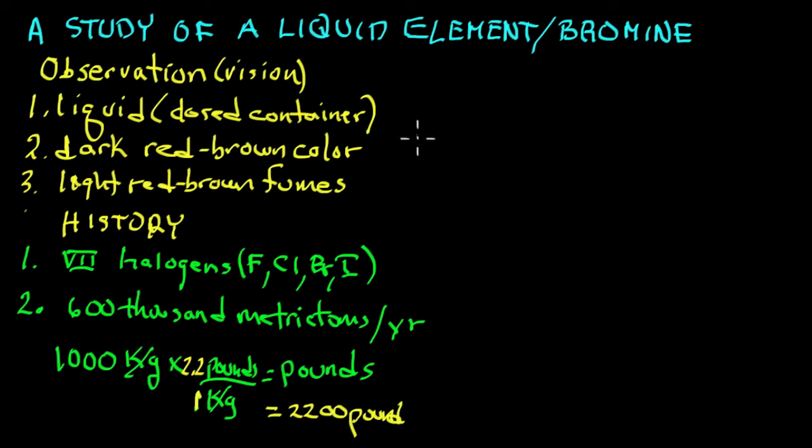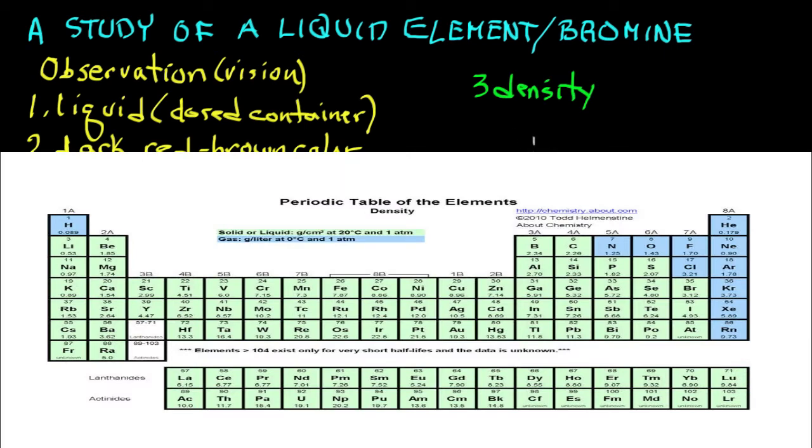So, what do we learn about this thing? First of all, let's look at the density. If you go over to this chart on density, you'll see that it's about 3.1 grams per cubic centimeter.